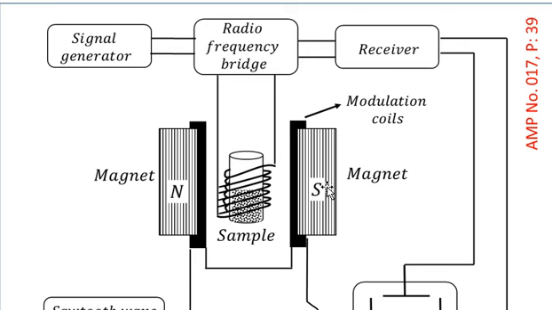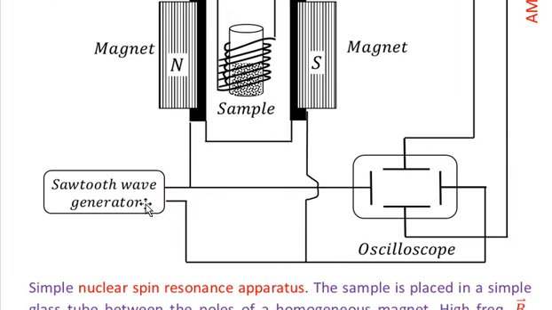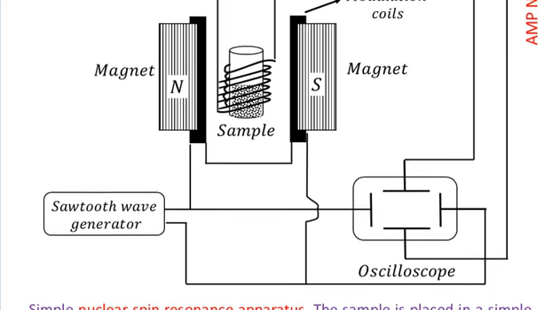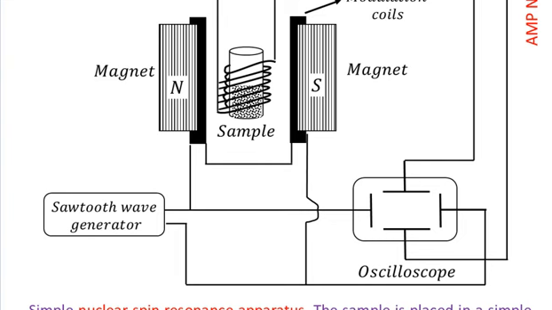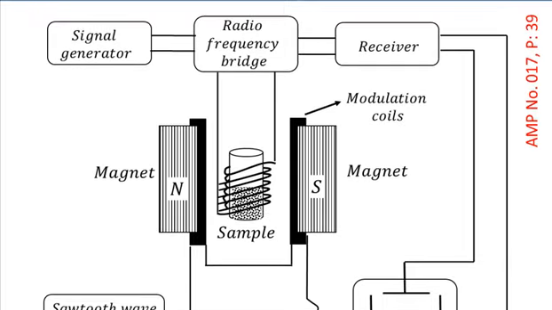So N and S are due to the permanent magnet, or their magnetic field can also be changed using the sawtooth wave generator. So the sawtooth wave generator can also be used to change the value of the magnetic field B naught, and the value of the magnetic field B1 is changed by the radio frequency bridge circuit. And this is a sample which contains the material, and there is a coiling of this frequency signal around the sample contained in this glass tube.